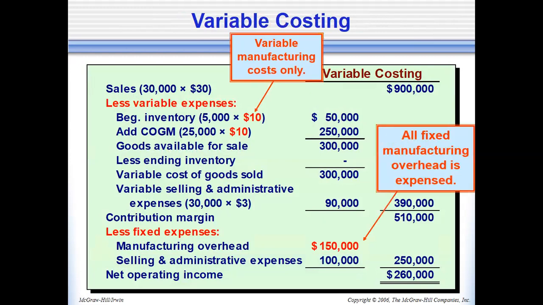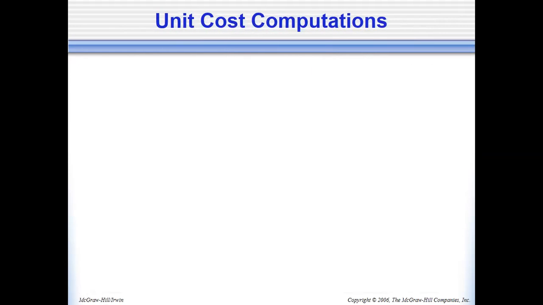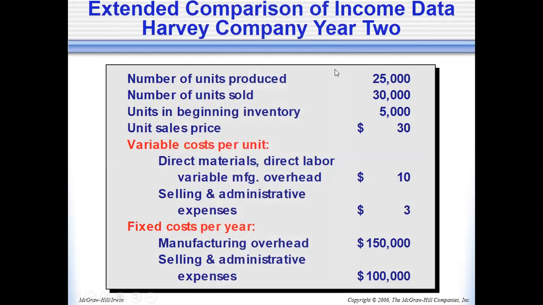Anyway, the explanation for this is that it is attributable again to the difference between the number of units produced and the number of units sold. Should we go back to the given items, remember that we only produced 25,000, but we sold 30,000, of course, because of the beginning inventory. So the difference results in the differences in income presented under the two methods. And this time, the number of units sold, meaning sales, exceeded the number of units produced.